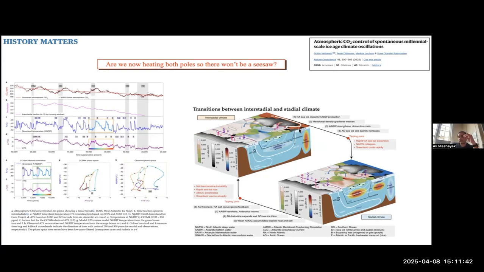But you could, if you just were to start anywhere here and go around, you can imagine if the Arctic Ocean gets really warm, you lose the seasonality of sea ice, you lose the brine rejection, that compromises the formation of abyssal or the deep waters in the North Atlantic, and that can weaken the circulation of the ocean, the upper ocean.